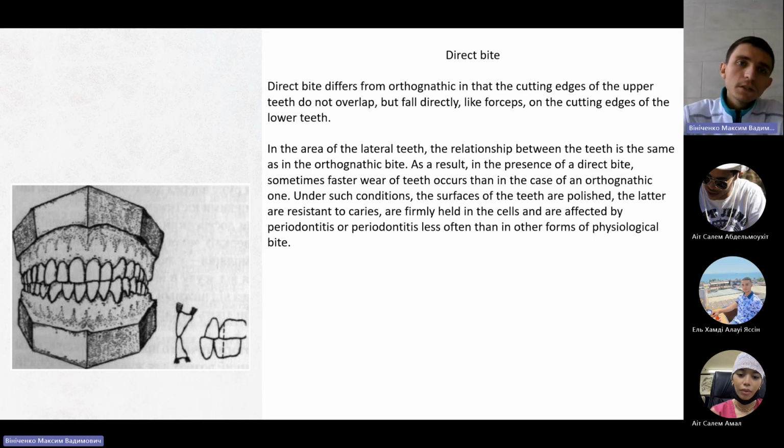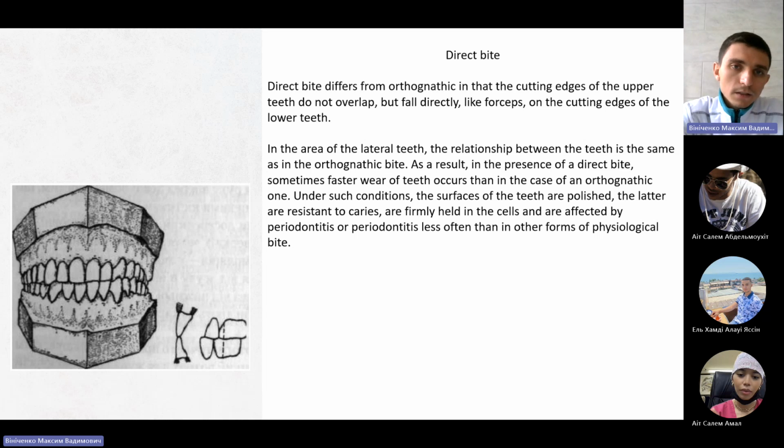Direct bite differs from orthognathic bite in that the cutting edges of the upper teeth do not overlap. It is the overbite. They do not overlap but fall directly, like forceps, on the cutting edge of the lower teeth. In the area of the lateral teeth, the relationship between the teeth is the same as in the orthognathic bite.